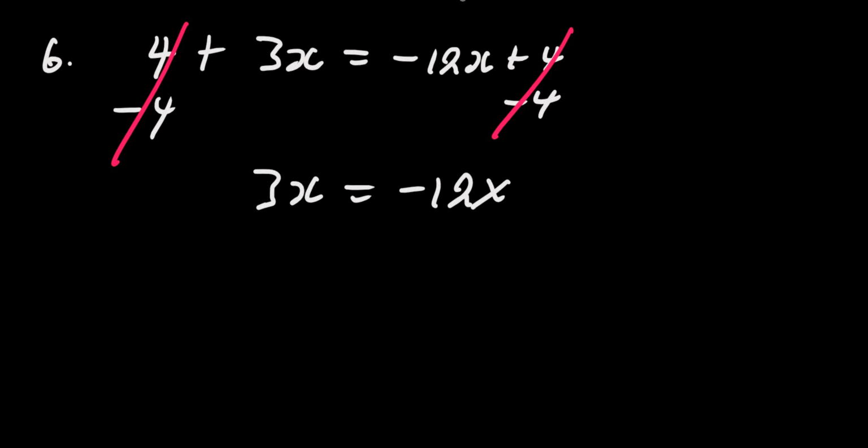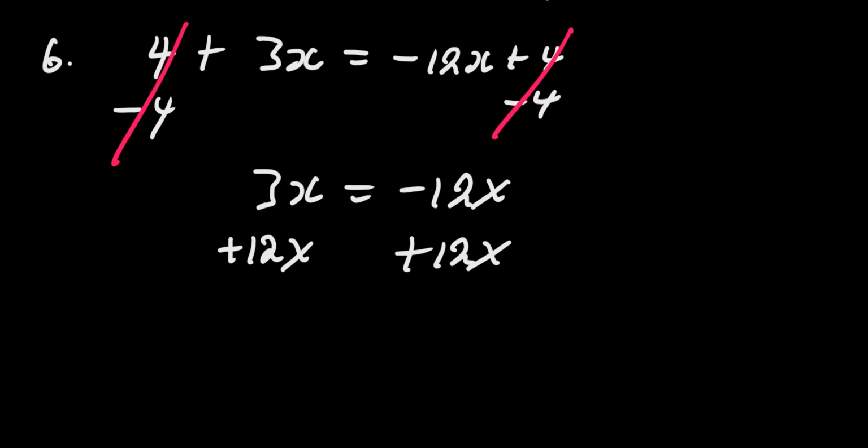So now we can either add 12x to both sides or subtract 3x from both sides. Choose one of them. So let's add 12x to both sides.